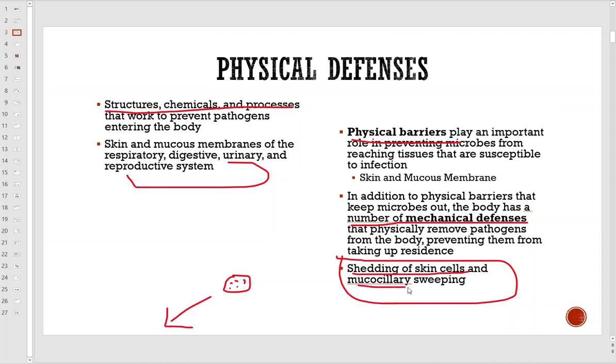In addition to which, we have the mucociliary escalator, which, if you recall, in the respiratory system, this is from Anatomy and Physiology 2, we have the cilia on the pseudostratified columnar epithelium, and these are going to be moving up from the lungs toward the pharynx.